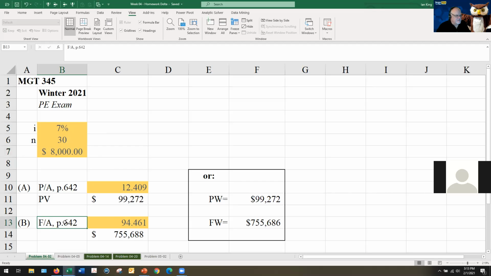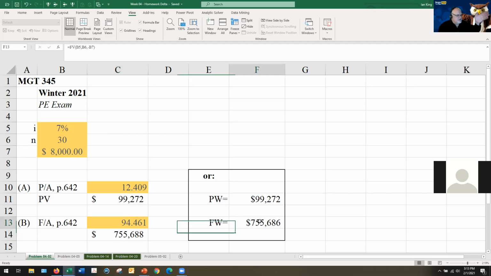an annuity. We're here today, so we want the future value in 30 years. You look at the table next to n equals 30, and the F/A column, you get 94.461. Multiply 94.461 times $8,000, get 755,688.